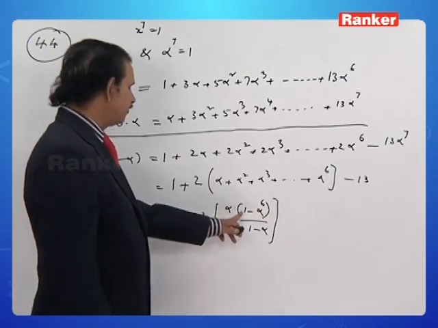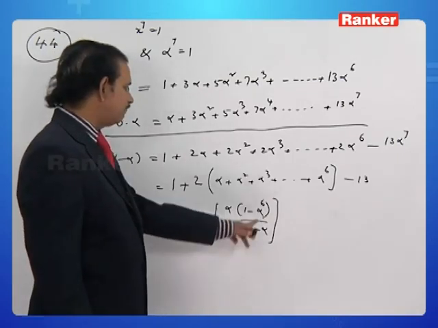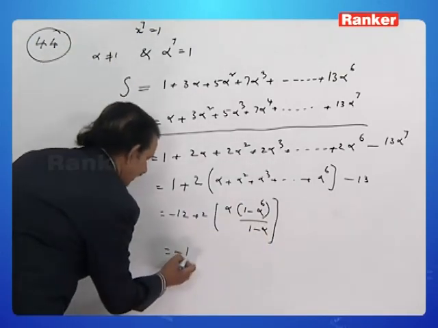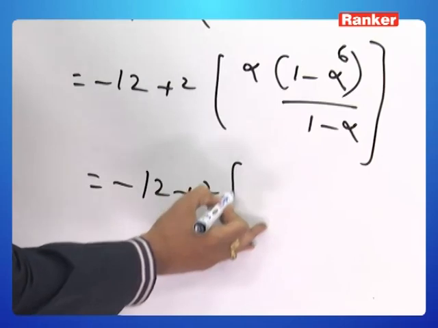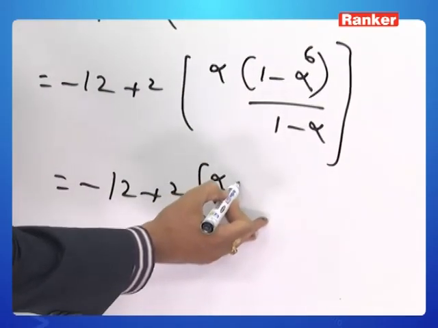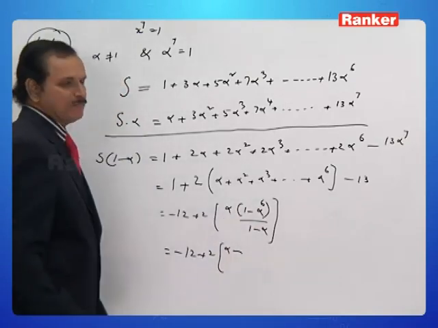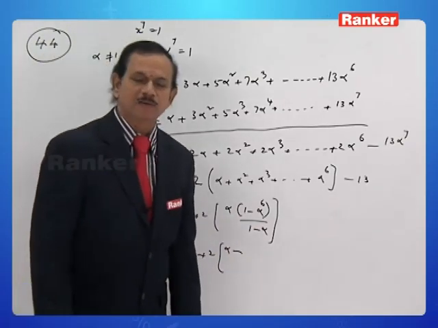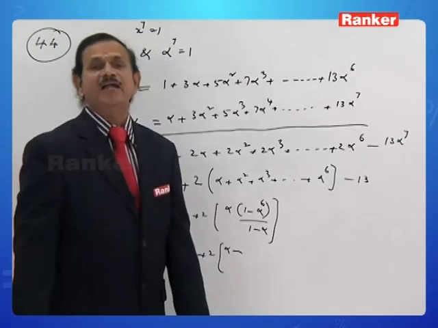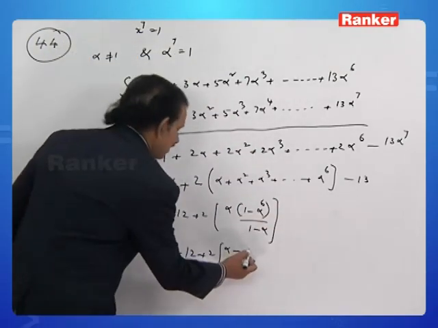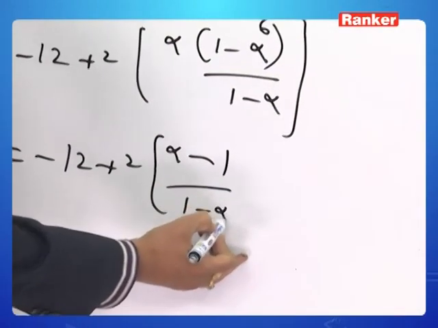So A into 1 minus R power n by 1 minus R. So this is minus 12 plus 2 into alpha into 1 minus alpha power 6, over 1 minus alpha. Alpha into alpha power 6 is alpha power 7. But alpha power 7 is 1. Hence we can write this as alpha minus 1 by 1 minus alpha.